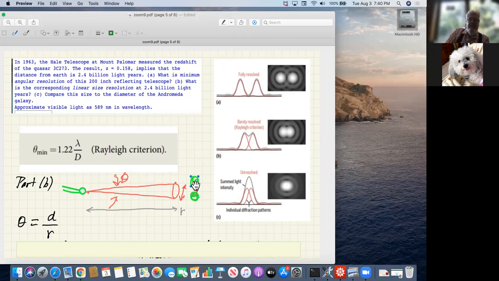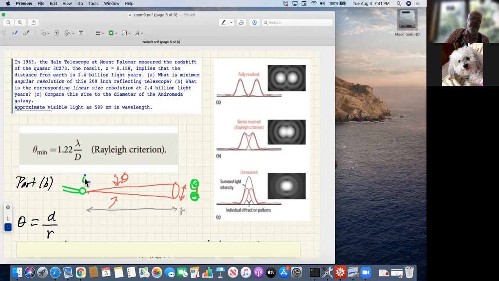Now, if the light was just a point, there wouldn't be any overlap. But even if the light was a point, I would have diffraction as it comes through the front of the telescope. So here's the opening.